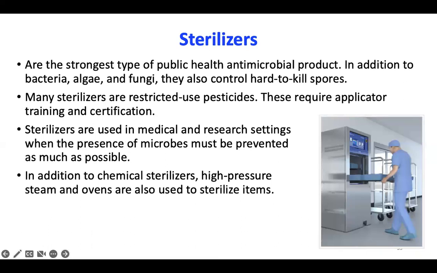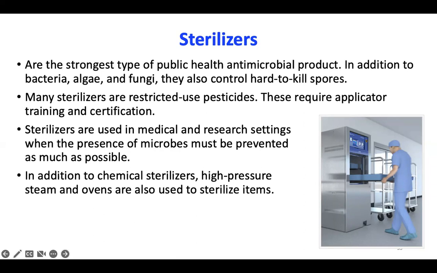Sterilizers are the strongest type of public health antimicrobial product. In addition to bacteria, algae, and fungi, they can also control hard-to-kill spores. They are generally used in medical and research settings because those settings require being free of any microbes, especially in hospitals. In the operating room, you have to make sure it is free of any microbes.